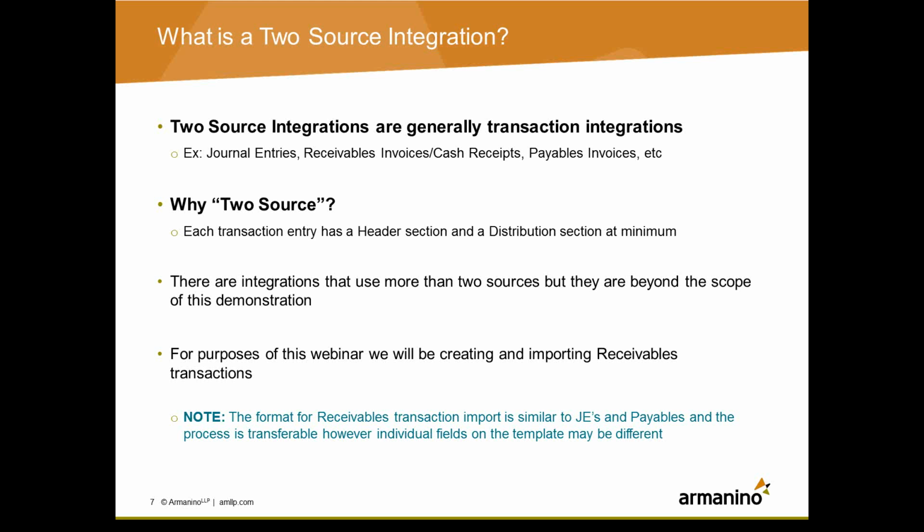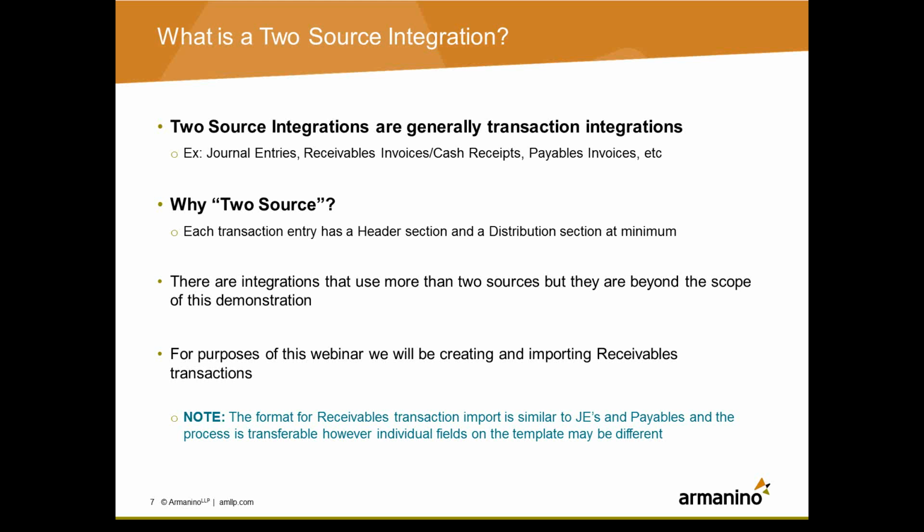So as you know, when you enter a journal entry or a cash receipt or an invoice, you have a header portion which you fill out, which is generic, and then you have the distribution information, which is the account numbers and the debit and credit amounts. So those are considered two different sources.